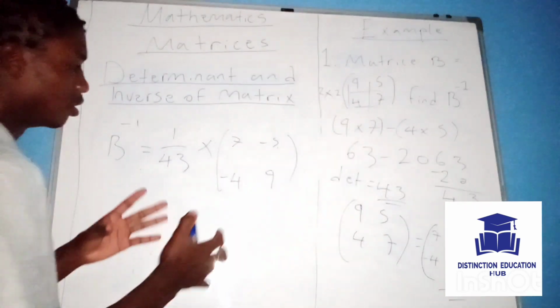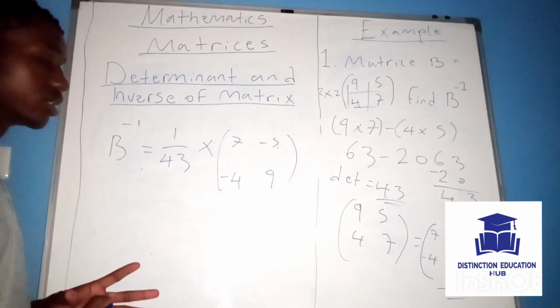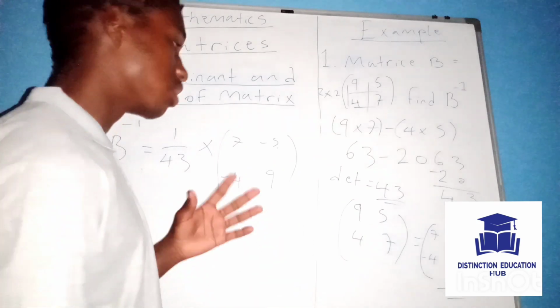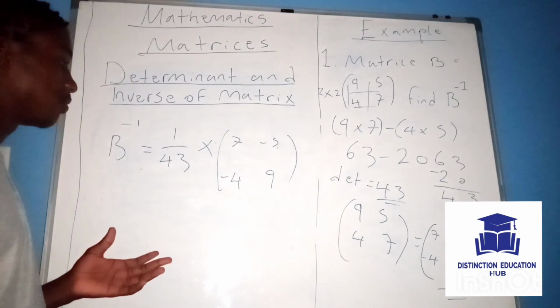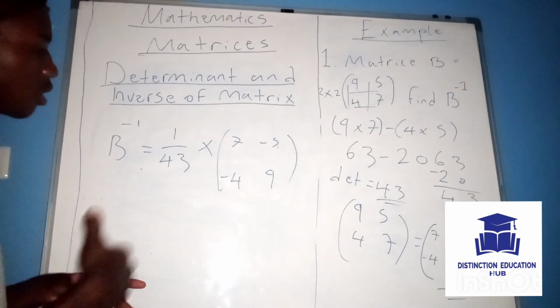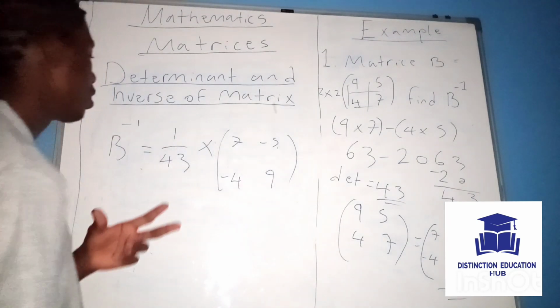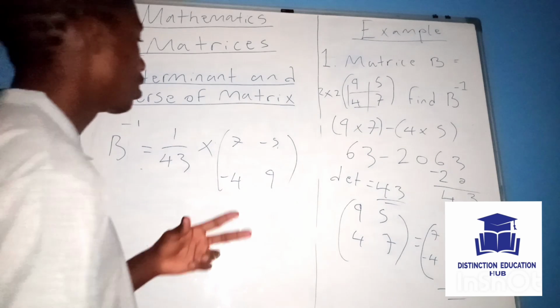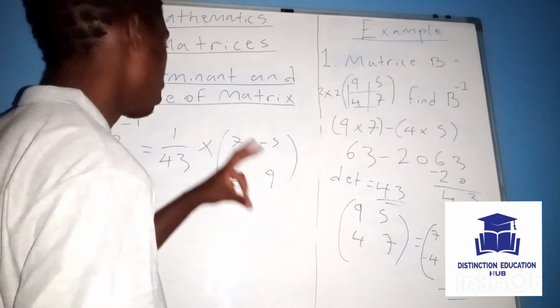You can leave it like this if you want. The examiner will still give you a mark. But if you want to, you can go further by multiplying 1 over 43 by the adjoint, by this matrix.